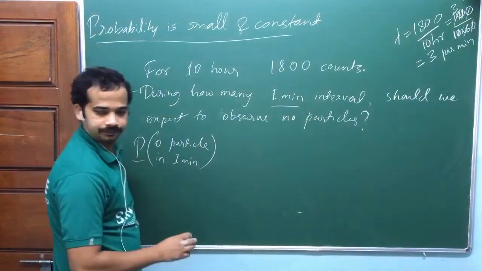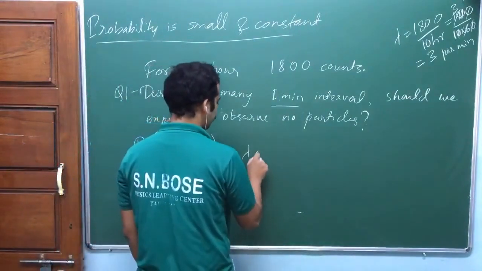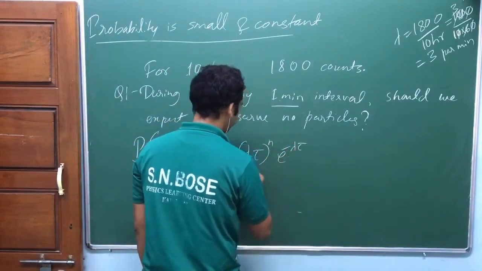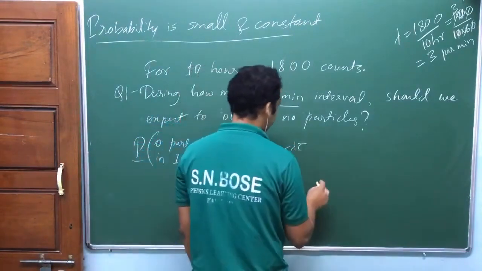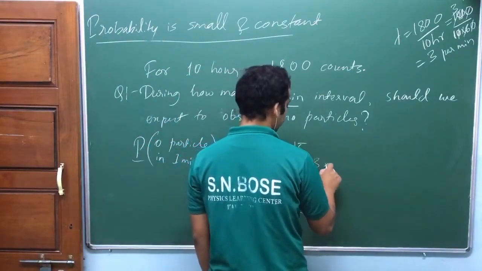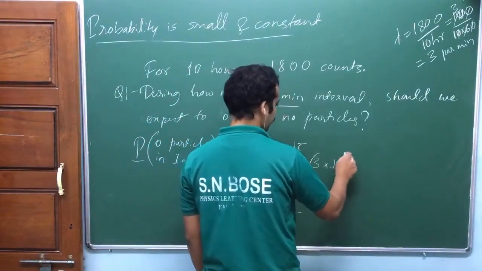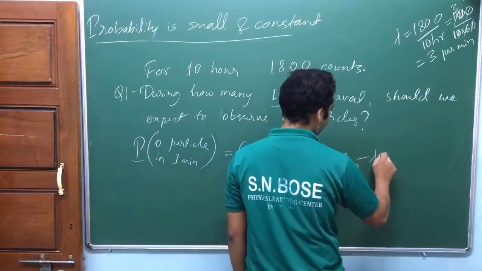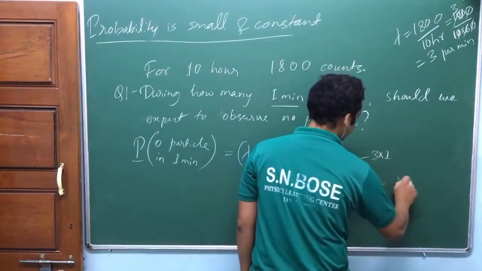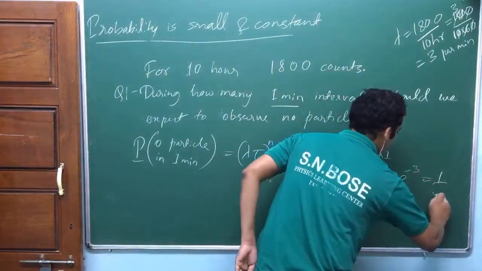That's equal to (lambda tau) raised to n, e power minus lambda tau, divided by n factorial. Lambda is 3 per minute, tau is 1 minute, n equal to 0, e power minus (3 into 1), divided by 0 factorial, that's equal to e power minus 3. What is 1 by e power 3?